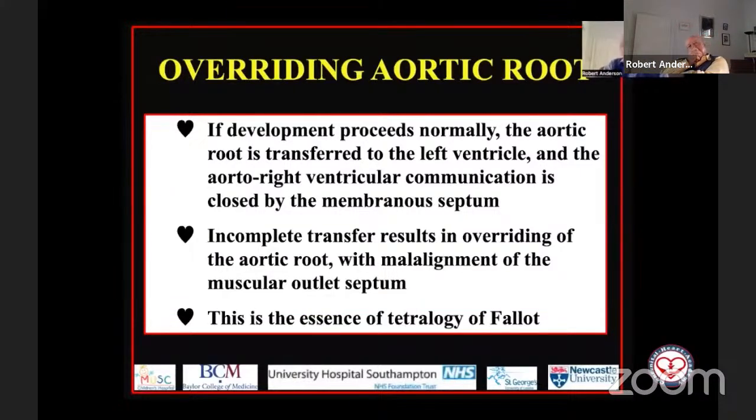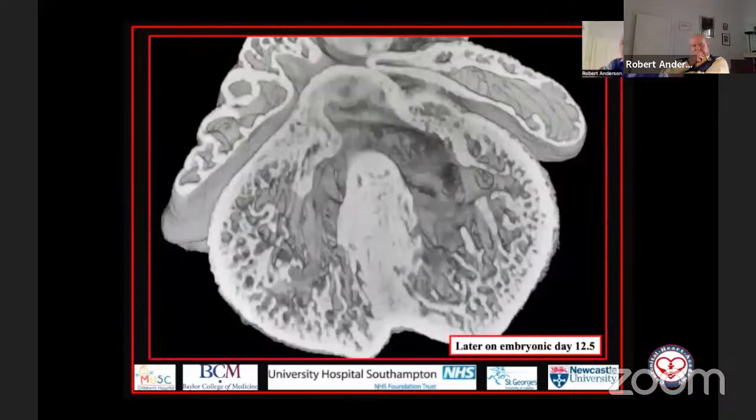But we can also see the step at which we have overriding of the aortic root in the setting of development. So here is that self-same heart I showed you from the developing mouse, in which the cushions were building a shelf in the base of the right ventricle.